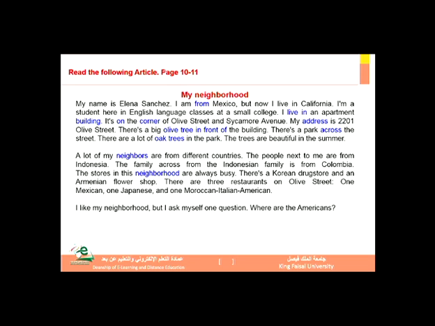There is a park across the street. There are a lot of oak trees in the park. The trees are beautiful in the summer. A lot of my neighbors are from different countries. The people next to me are from Indonesia. The family across from the Indonesian family is from Colombia.